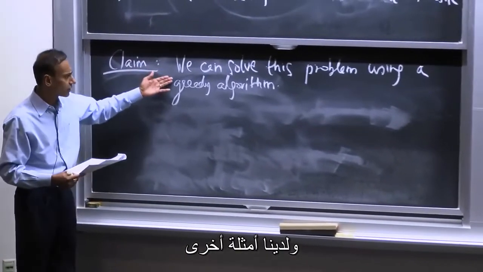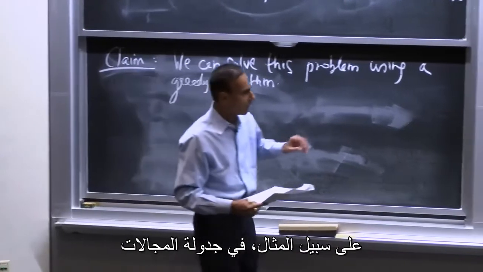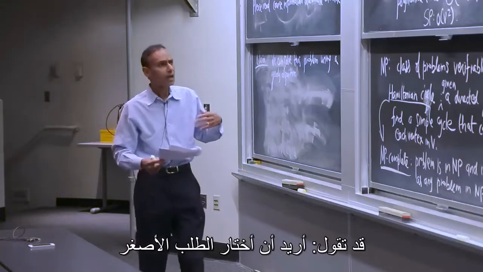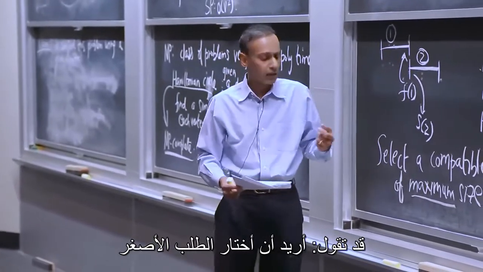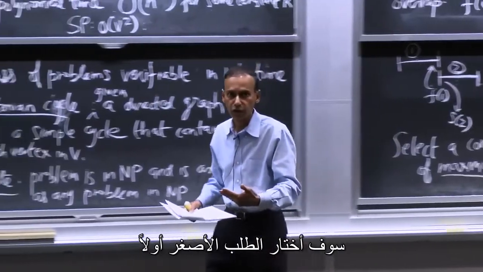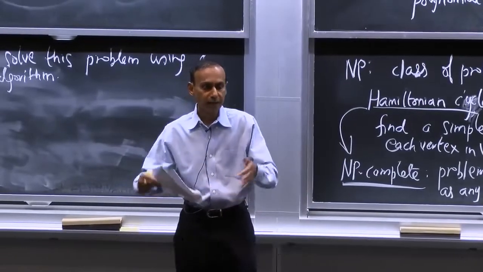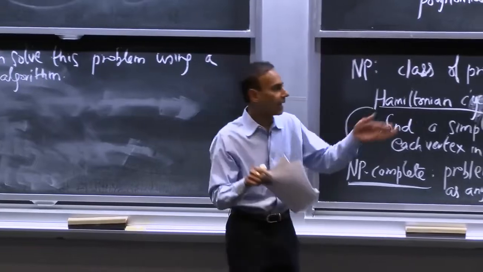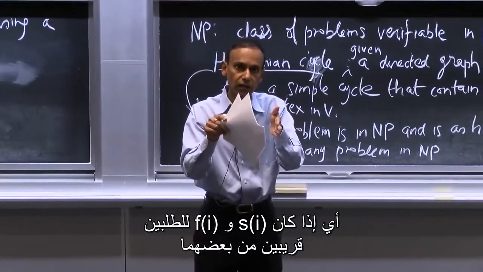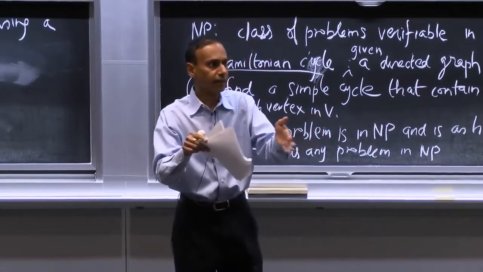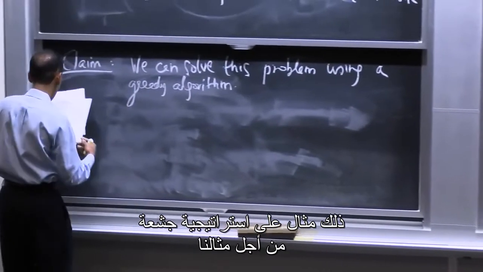But we've had other examples. For example, when you look at interval scheduling, you might say, I'm going to pick the smallest request first, and I'm going to try and collect together as many requests as possible. And if the requests are small in the sense that Si and Fi for the two requests are close to each other, then maybe that's the best strategy, right? So that's an example of a greedy strategy for our particular example.